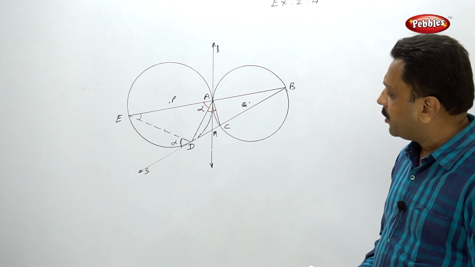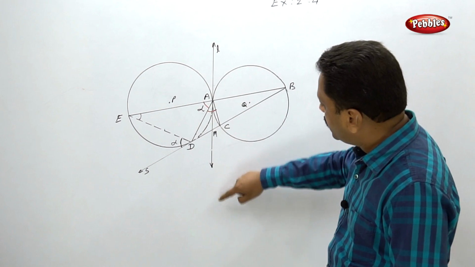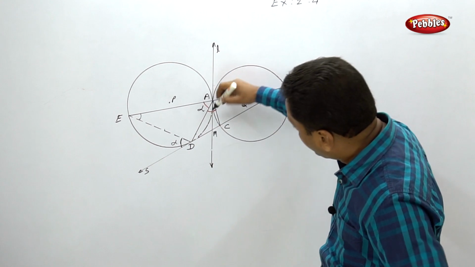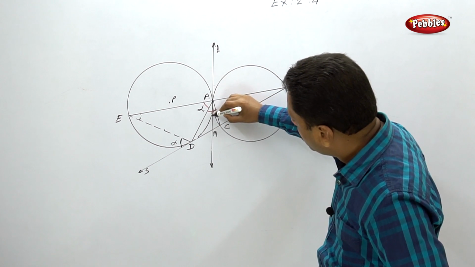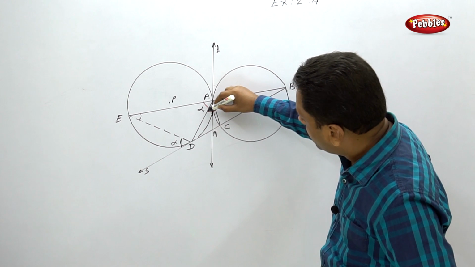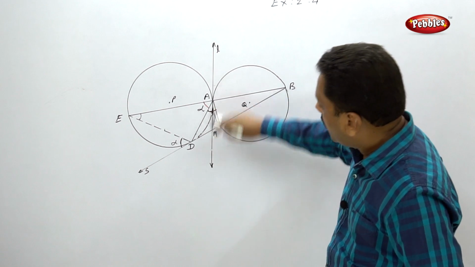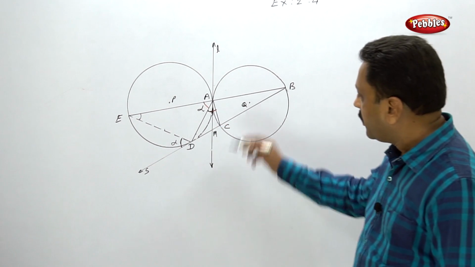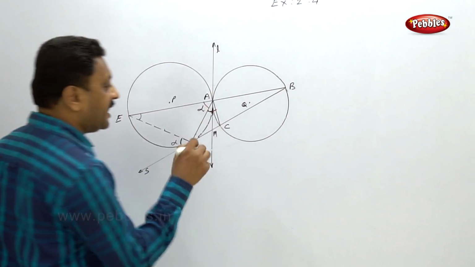What else do I know here? Now this is the tangent and this is the chord. So this angle and this angle are the same because of angles in alternate segment. Can I call them X and Y?